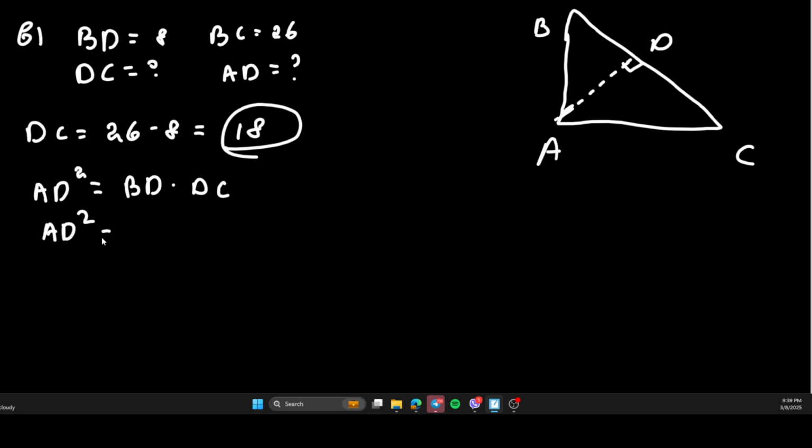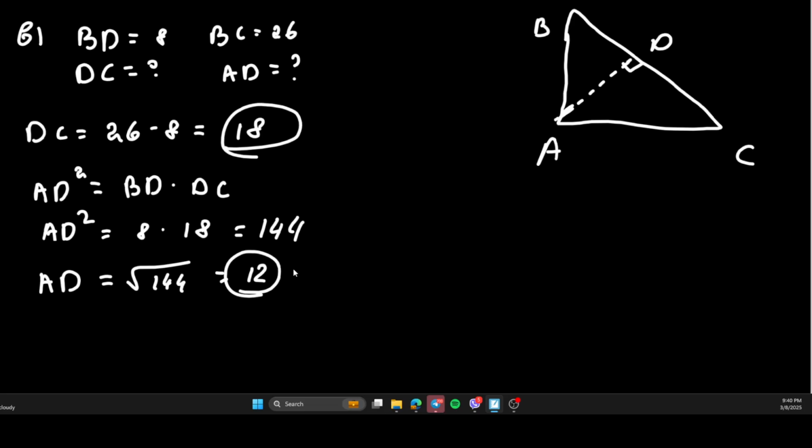So AD squared is going to be, okay, BD is 8, so 8 times 18. 18 times 8, 8 times 8 is 64, plus 80, 144. And then the square root of 144 is 12. Cool.